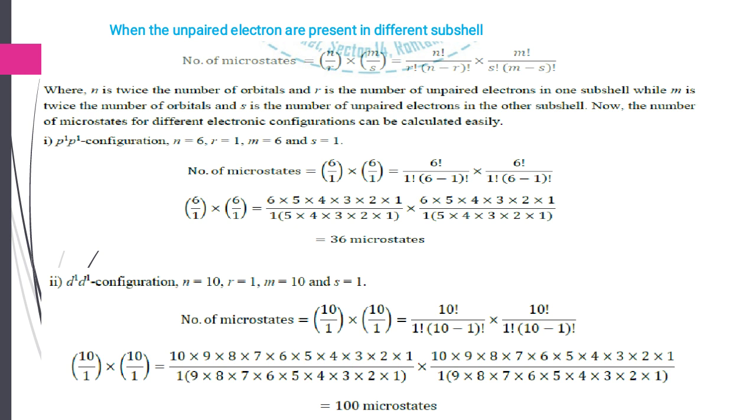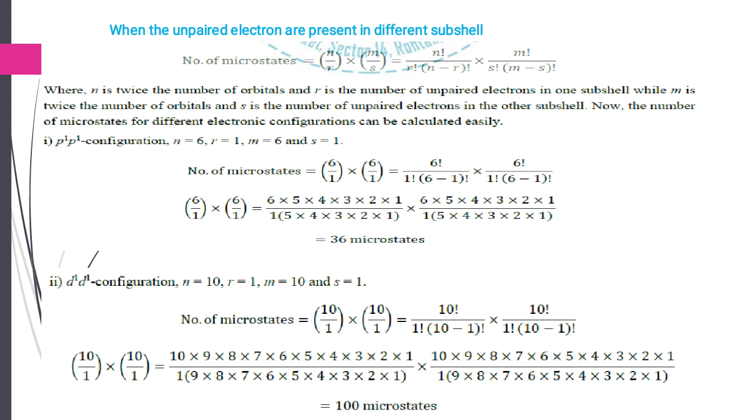In that case the number of microstates is n factorial divided by r factorial into n minus r factorial, multiplied by m factorial divided by s factorial into m minus s factorial, where n is twice the number of orbitals and r is the number of electrons in one subshell, while m is twice the number of orbitals and s is the number of electrons in the other subshell. Taking the p1 p1 configuration, n is equal to 6, r is equal to 1, and for the other p1, m is 6 and s is 1. Simplified, we get 36 microstates.